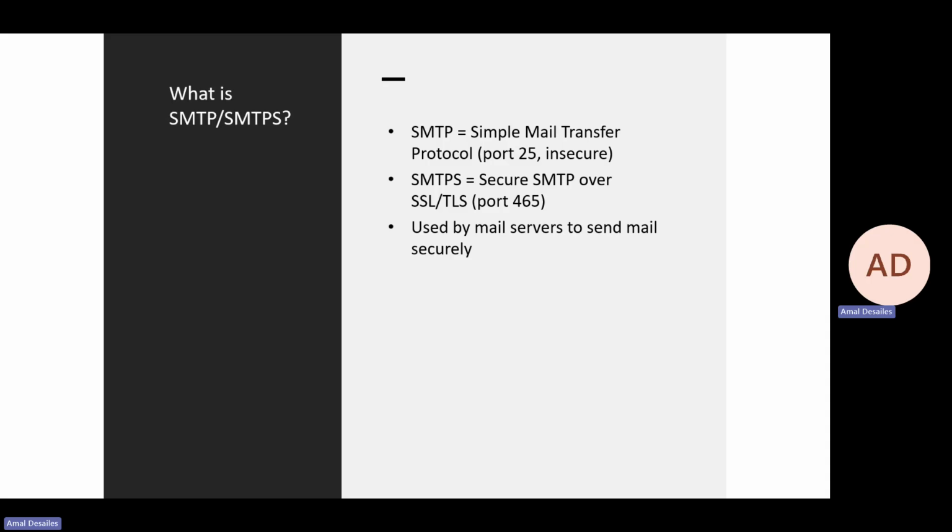The insecure version runs on port 25, which sends traffic unencrypted. SMTPS is the secure version, typically running on port 465, and it encrypts the traffic using SSL/TLS. This is critical because without it, attackers could intercept the messages or abuse the mail server as a spam relay. So SMTPS helps maintain both confidentiality and trust in the email system.